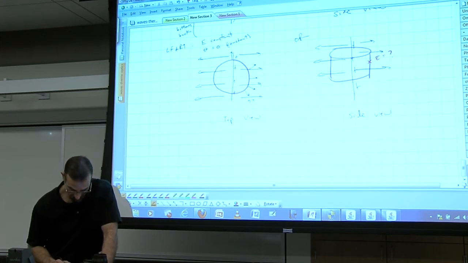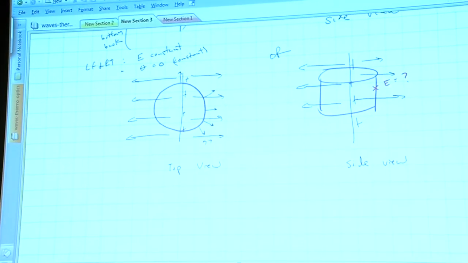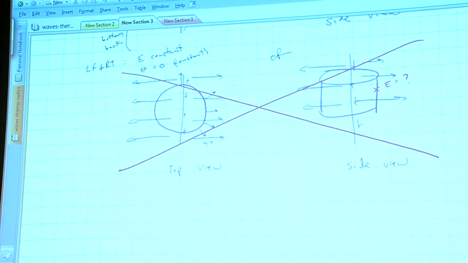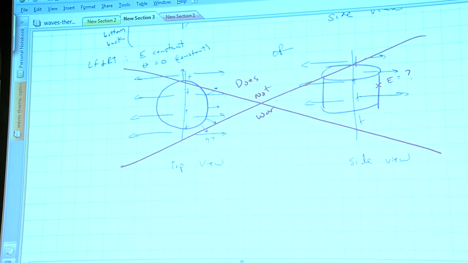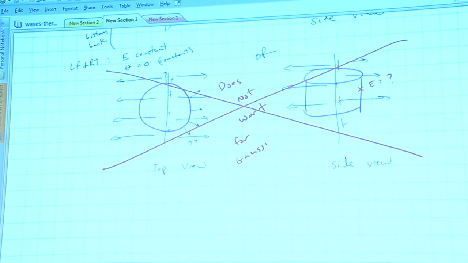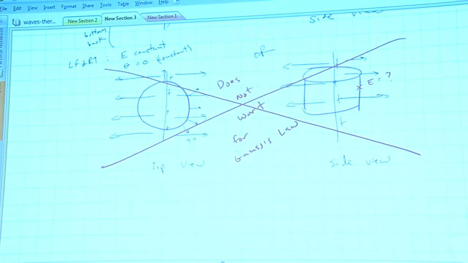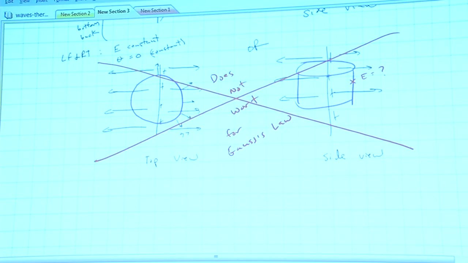We can orient, so let me fix this. I shouldn't say it doesn't work. It doesn't make it easy for us to do Gauss's law, right?